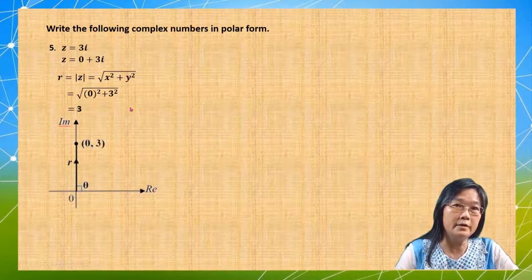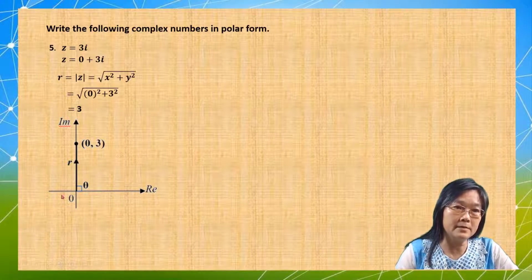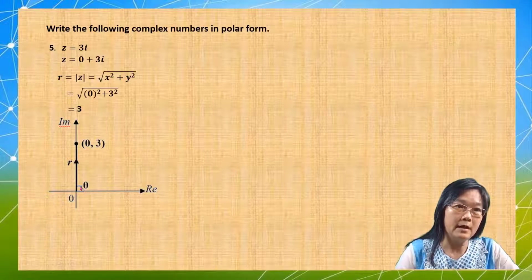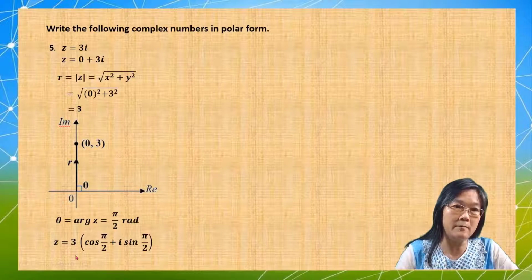Now as for the argument, since the position of this complex number is at the positive imaginary axis, from the diagram, it is very clear that the argument is 90 degrees, that is pi over 2. So the argument for this complex number is pi over 2 radians. So therefore, the polar form for this complex number is this one.